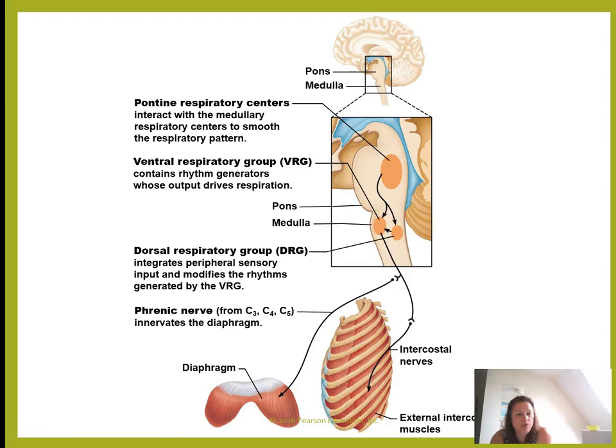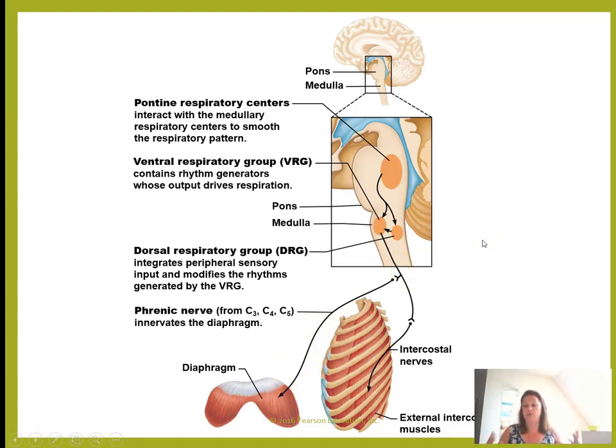The dorsal respiratory group communicates via the phrenic nerve that innervates the diaphragm. So you want to make sure that we know about this too. The phrenic nerve takes the information, along with the intercostal nerves, from this region of the brainstem and says, okay, diaphragm, contract, relax.